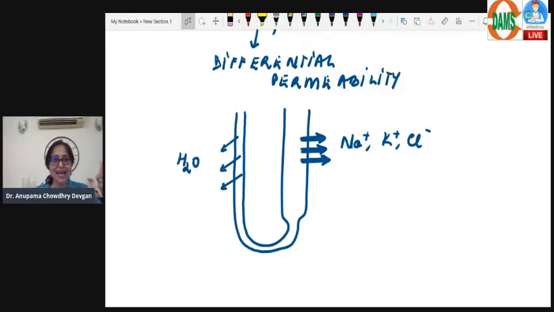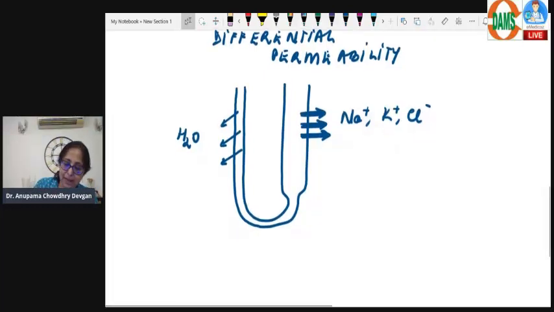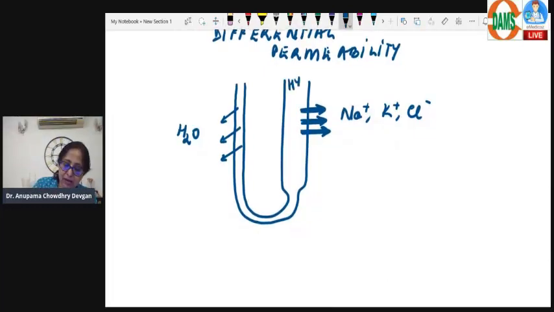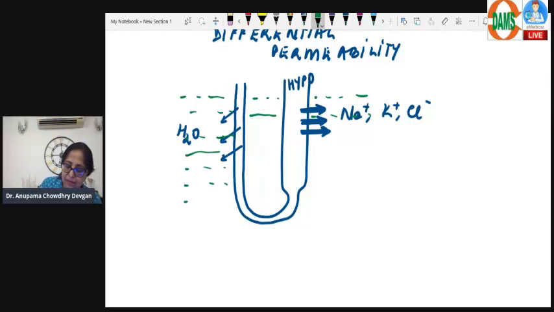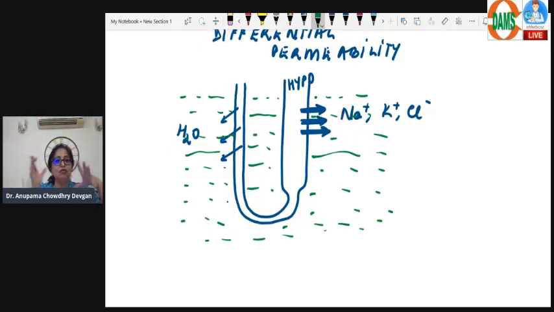So what happens is inside the fluid will become hypotonic, but outside, the interstitial fluid which surrounds this loop of Henle will now become concentrated. Why will it become concentrated? Because there is now less movement of water, more movement of solutes into the interstitium from the lumen.